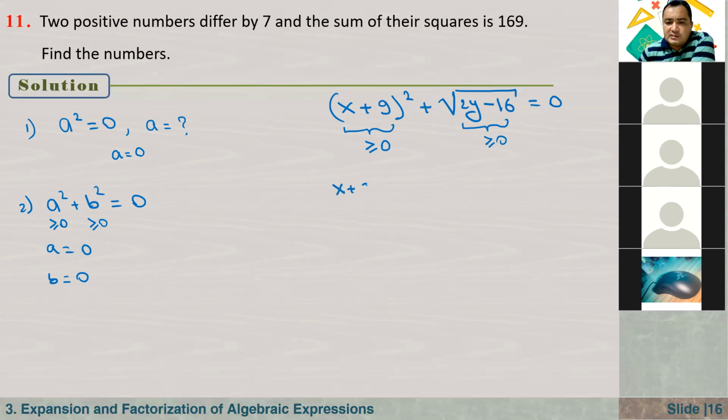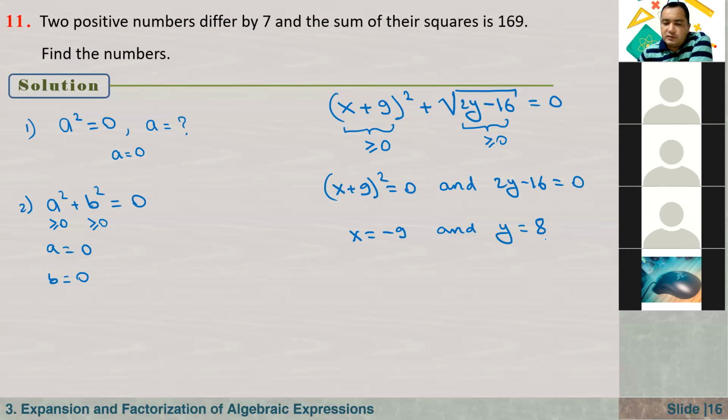So that means x plus 9 squared must be equal to 0, and 2y minus 16 must be equal to 0. If you solve the first equation, then x must be equal to negative 9. And y should be equal to 16 over 2, which is 8. That is the only answer.